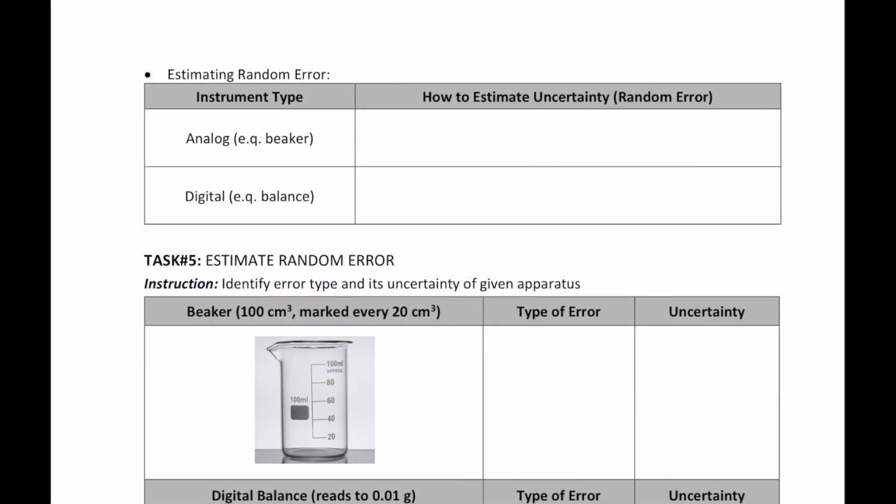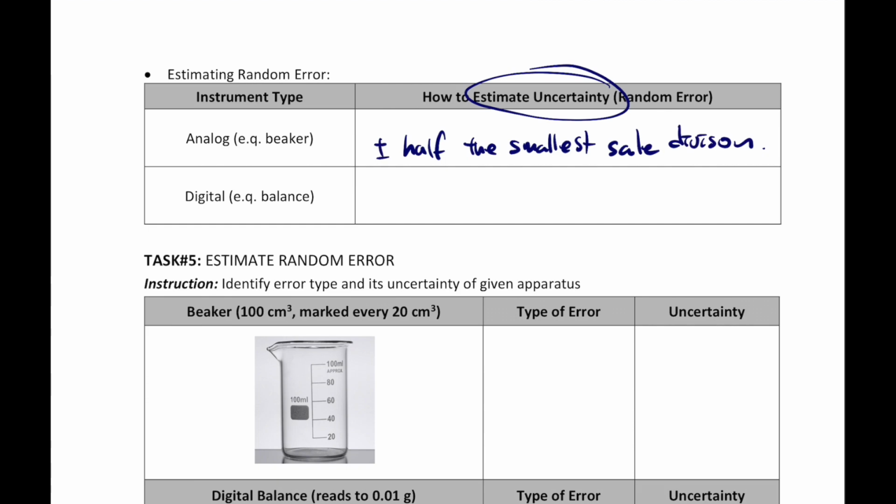Okay, so how we estimate random error differs by the instrument type. Estimating random error means we are estimating the uncertainty. When you have an analog instrument, something like a beaker, analog scale, pipette, or burette, we always have to use the smallest scale division, and we always have to put plus minus in front.